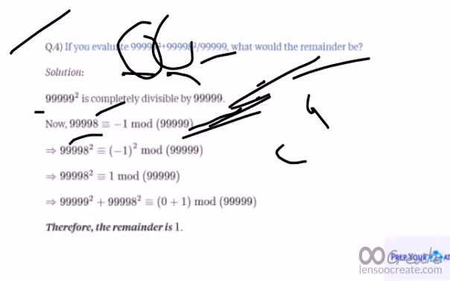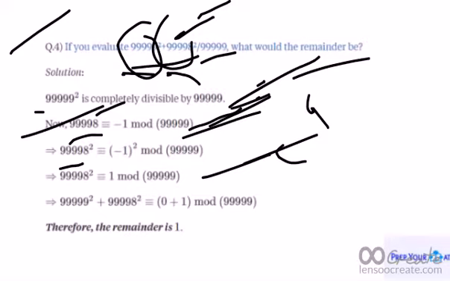Now squaring on both sides, we get (minus 1) raised to 2 mod 99999. After simplification, minus 1 raised to 2 is 1. Adding these two, we get 0 plus 1 mod 99999, so the remainder is 1.